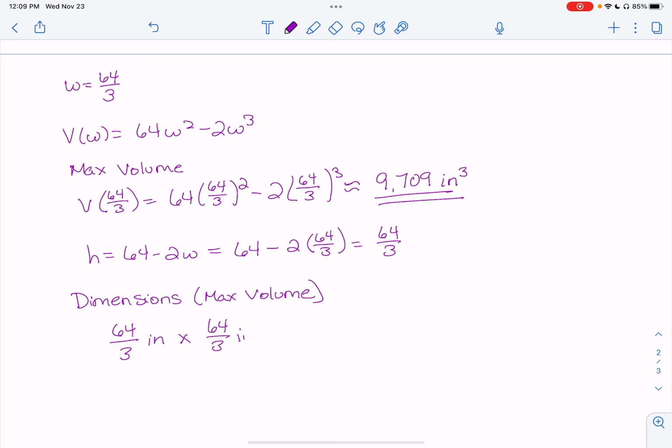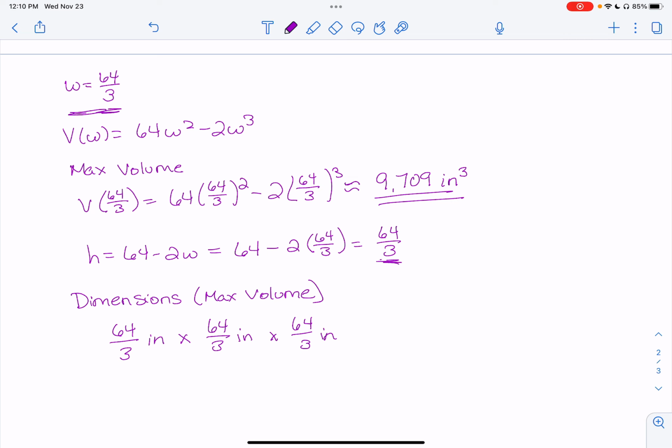It was a square bottom, right? So that comes from the width. And then my height is also 64 thirds inches. So basically I have a cube. And if you think back to when we've done area problems, let's say with the fences and stuff, talking about rectangular areas, remember how every time we've maximized an area, what we've seen is that the maximum area is when we have a square.